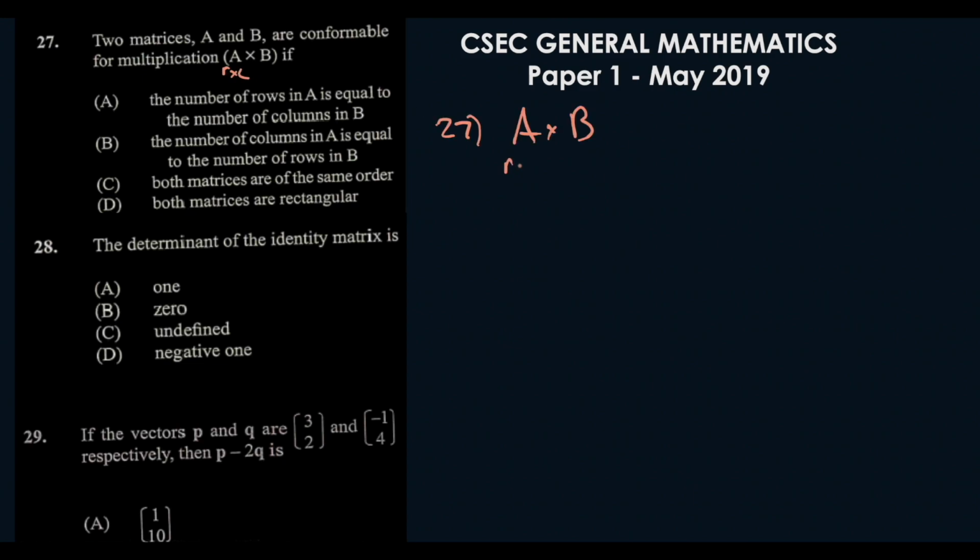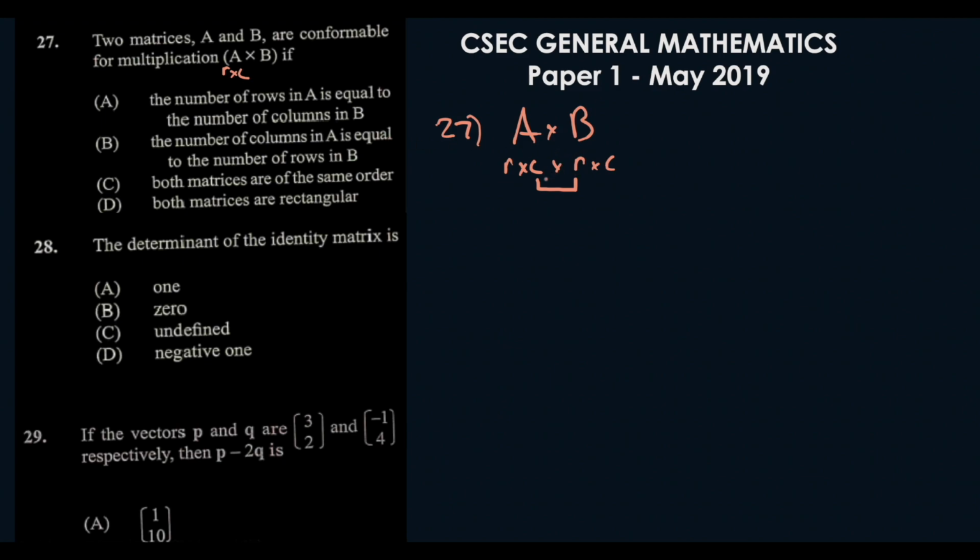The rows of A times the columns of A multiplied by the rows of B times the columns of B, these two have to be the same. So in other words, the number of columns in this first matrix has to be equal to the number of rows in the second matrix.